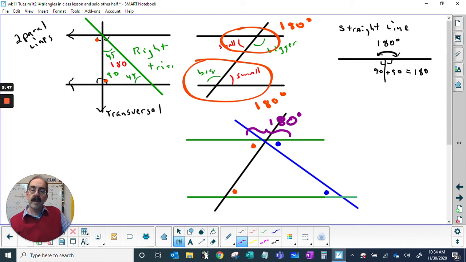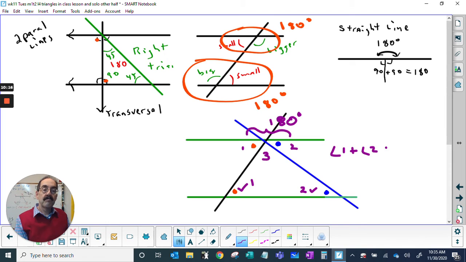Well, if that's 180 degrees, and this angle, we'll call it 1, goes here, and this angle 2 goes here, then the third angle must be a number such that angle 1 plus angle 2 plus angle 3 equals 180 degrees.